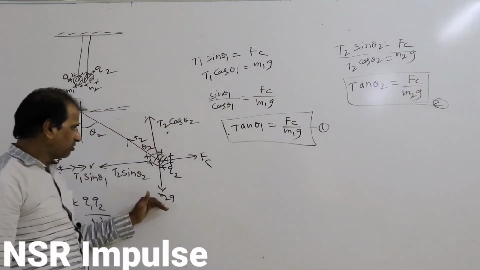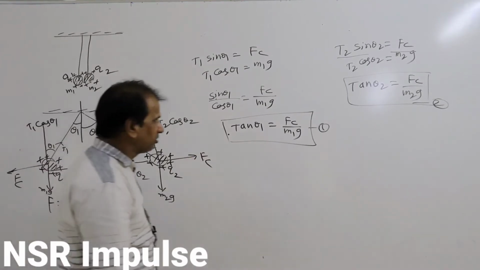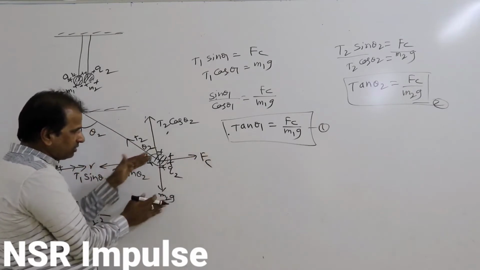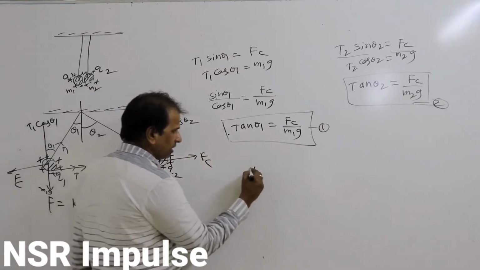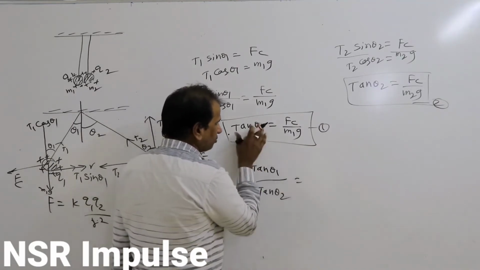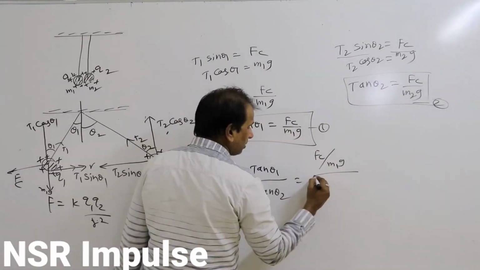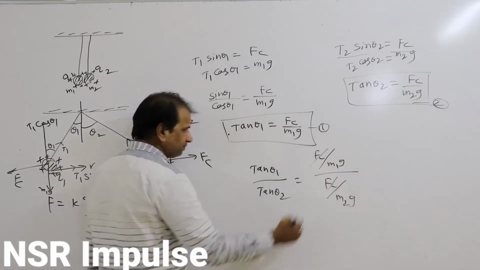T2 cos theta 2 is equal to m2g, T2 sin theta 2 is equal to Fc because they are in equilibrium. Equilibrium means what? All forces left and right, all forces up and down are equal. So tan theta 1 by tan theta 2 is equal to Fc by m1g divided by Fc by m2g.